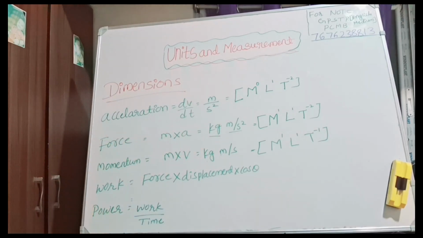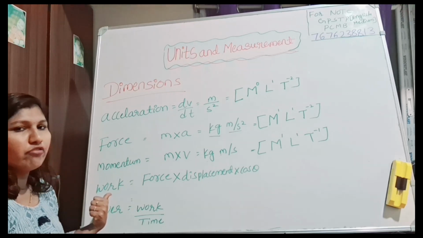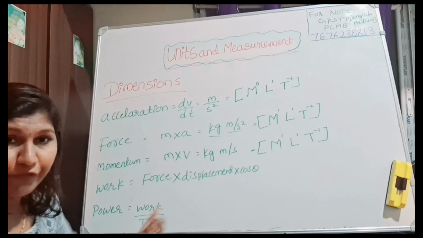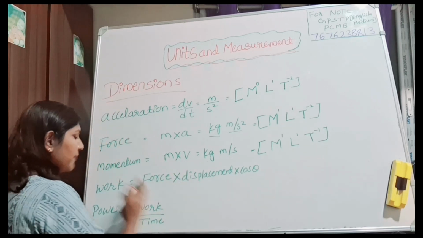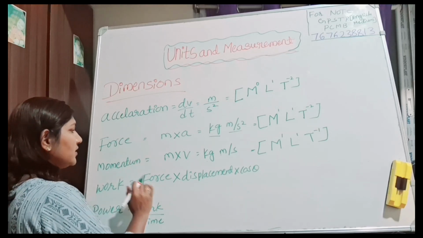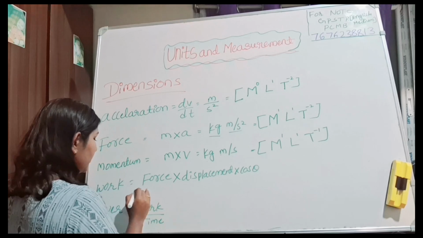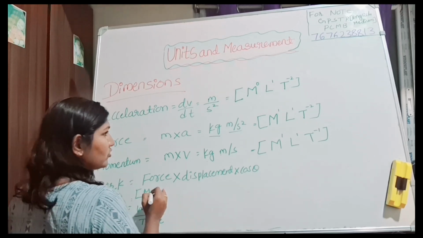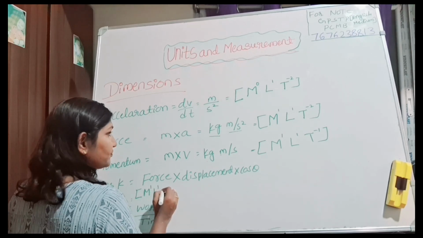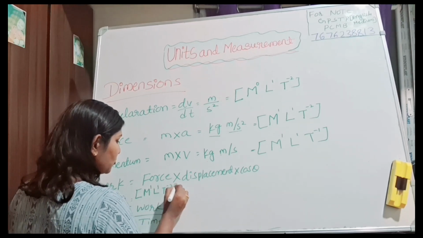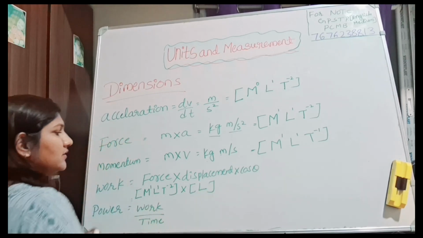Can you try for work? If they ask for the dimension of work, what do you have to remember before that? The formula: force into displacement into cos theta. So what is the dimension for force? Again you should remember the dimension of force: mass into acceleration. We have already written for force, M raised to 1, L raised to 1 and T to the power of minus 2, into displacement, which is length, L, meter.